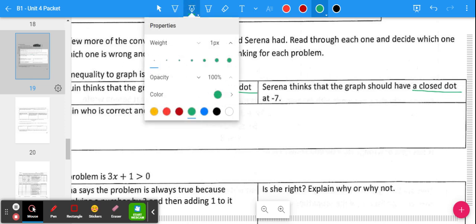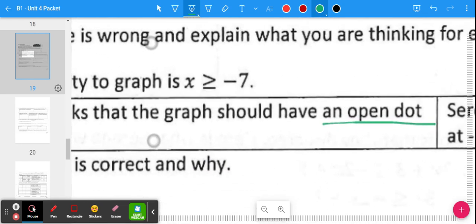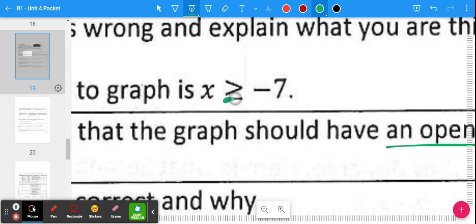So on a number line, when we graph inequalities that just have one variable, whenever it is "or equal to," that line under the inequality, it is a closed dot.